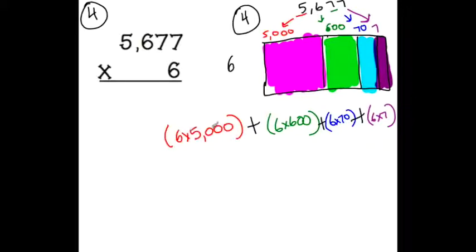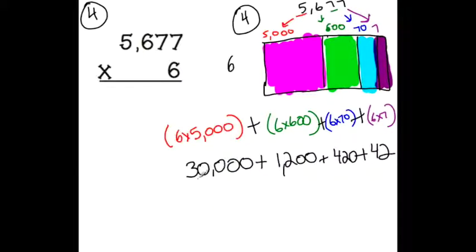Using mental math, 6 times 5,000 is 30. 6 times 5 is 30, and then add 3 zeros. Plus 6 times 600, plus 6 times 70, plus 6 times 7.